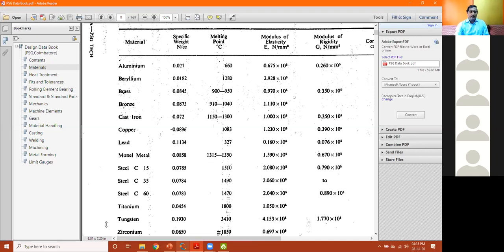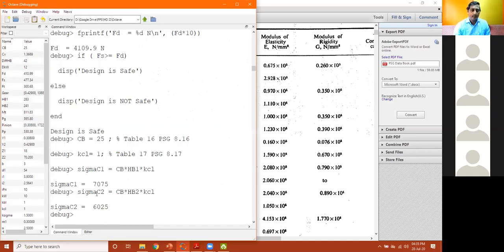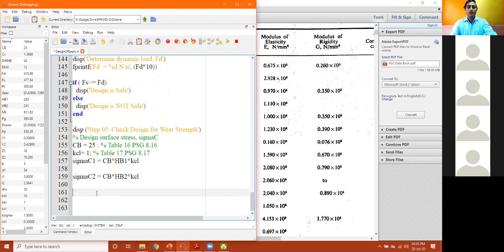So I will write here in the code. E1 is equal to 2.08 into 10 raised to 5, and I will consider E2 equal to E1.